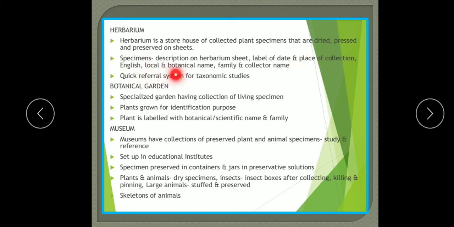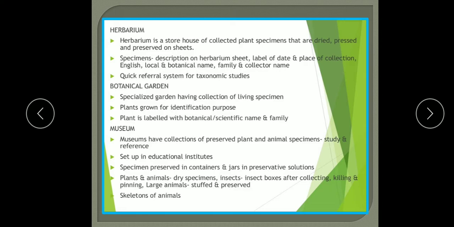The English, local and botanical names are all written, as well as the family to which the particular plant belongs. The collector's name, meaning the person who collects that species, is also written on the herbarium sheet.